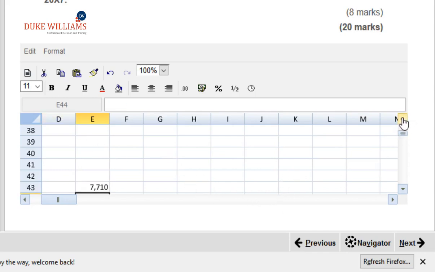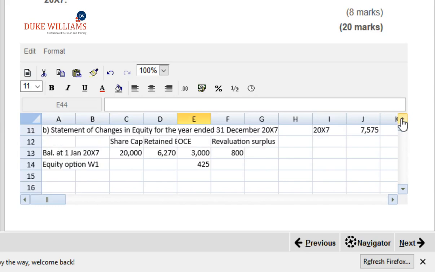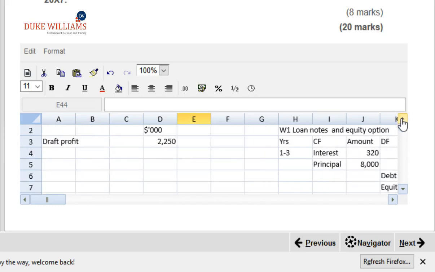Now the interest on it should be used to adjust the profit.